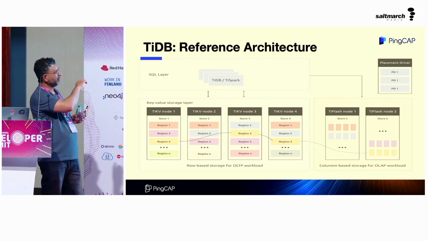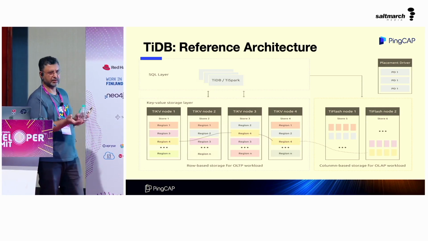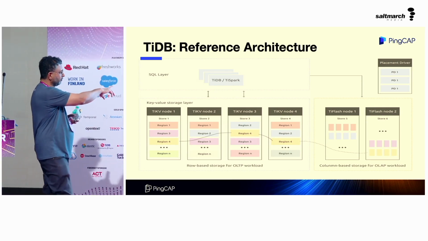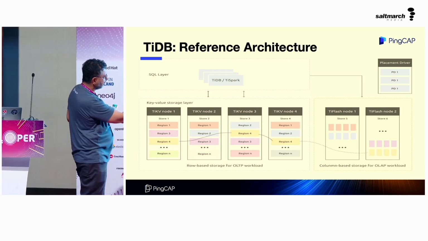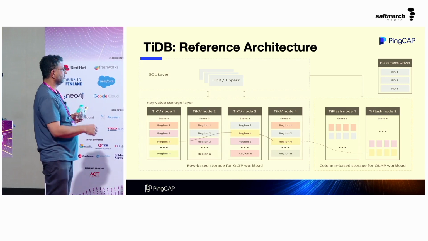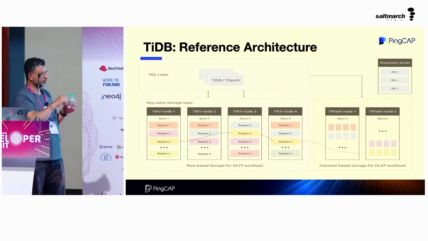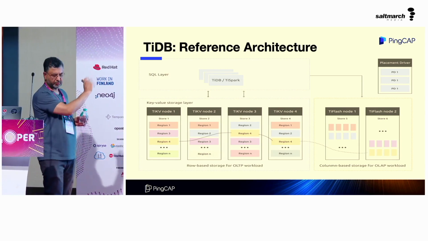TiDB will parse the query. It'll ask PD, okay, these are the regions I'm interested in, or these are the pages or whatever. It does the translation. It says you need to go and look for region 1 leader on node 1, region 2 leader on, let's say, node 4, and let's say those are the two. Then it'll go and talk to those and do a parallel fetch and pass down any DAG that's required for the query.